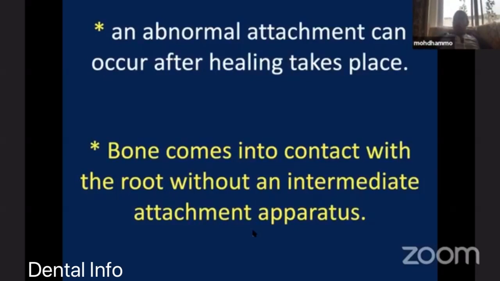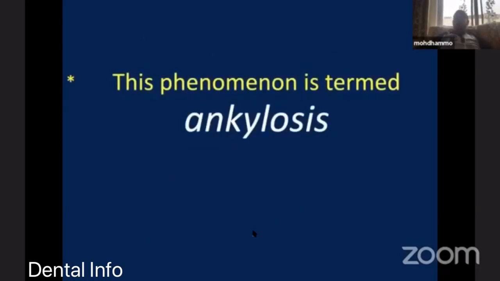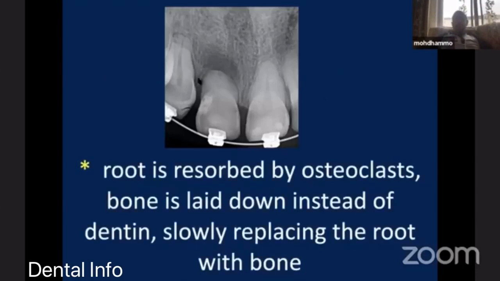So the contact between bone and the root surface will occur immediately. This phenomenon is termed ankylosis. Now the root is bound directly with the bone. So we can see here we have root resorption, and the bone trabeculae replaced the root here. The root is resorbed by osteoclasts, bone is laid down instead of dentin, so they are slowly replacing the root with bone.